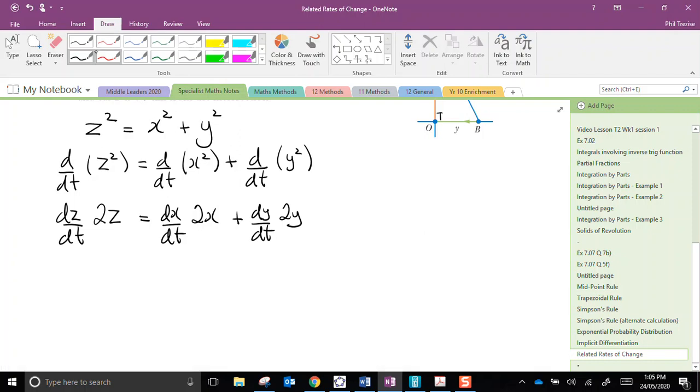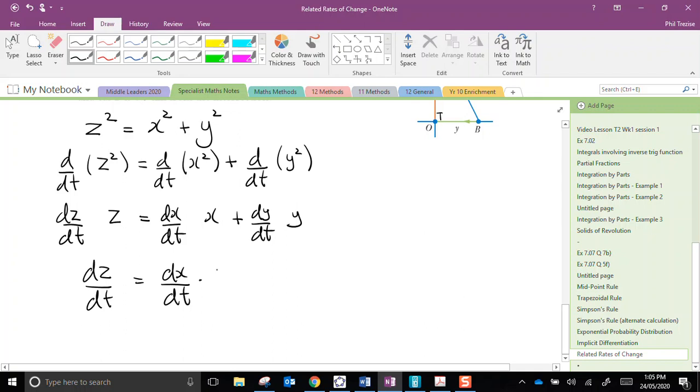The 2's can all cancel very nicely. Divide by 2, divide by 2, divide by 2. And then the rate of change of z with respect to time, I'll divide by z. So it's dx dt by x over z plus dy dt by y over z.